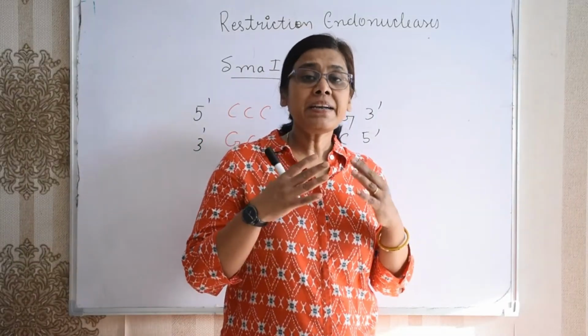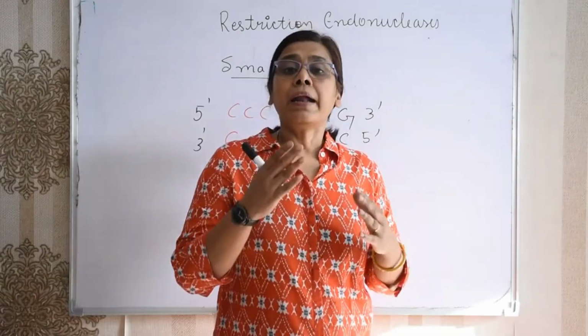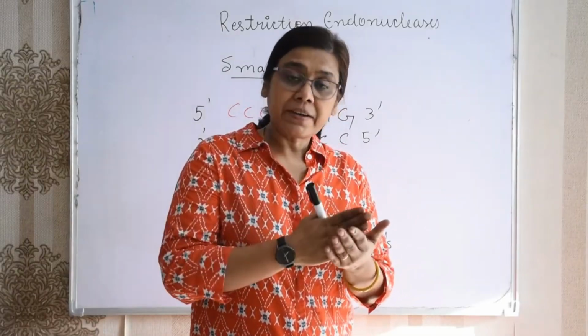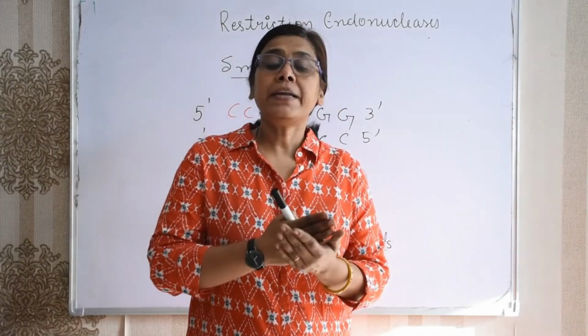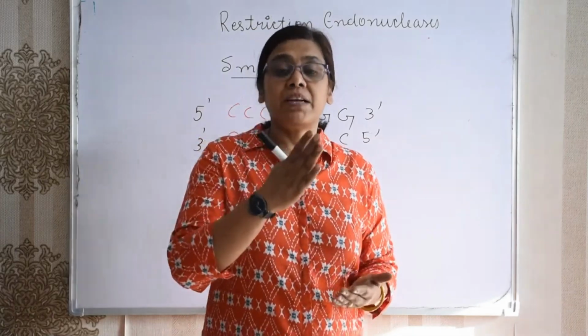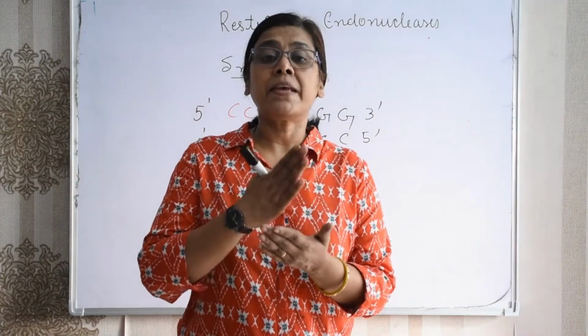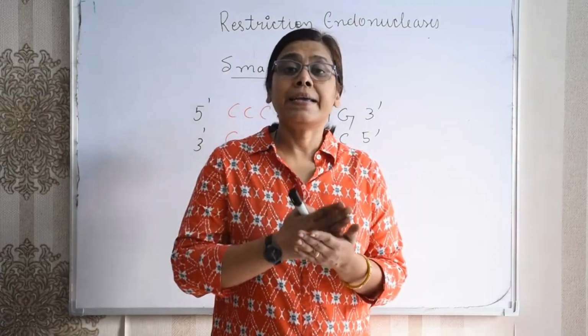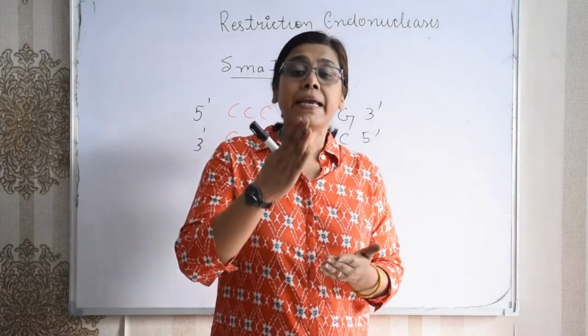Recombinant DNA can't be formed unless the vector DNA and the foreign DNA are cut with the same restriction enzyme. When they have the same sticky ends, they are ligated or joined by DNA ligase.